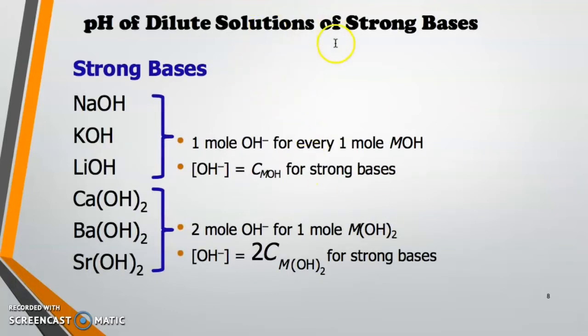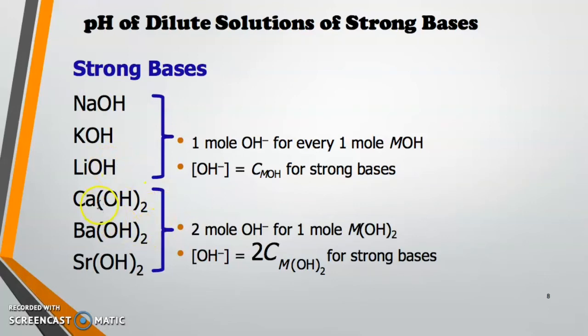pH of dilute solutions of strong base. This is an example of the strong base. So this is the 1 mole hydroxide ion. For every 1 mole of MOH, which is the term for the strong base. We look at this one. This is the 1 mole OH. Same goes here.